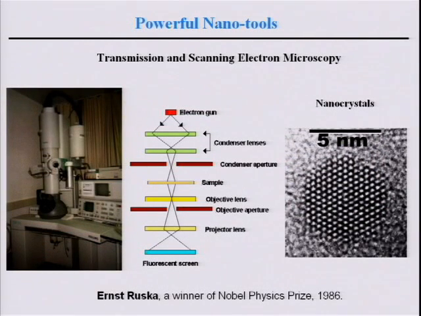Another technique to look at the size scale in the nanometer range is transmission and scanning electron microscopy. You have an electron gun shooting electrons out, passing through a lot of electromagnetic lenses and focusing down onto your sample.